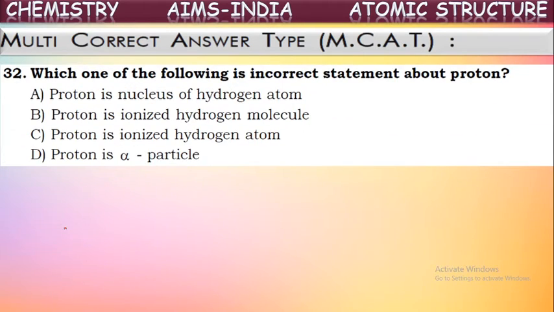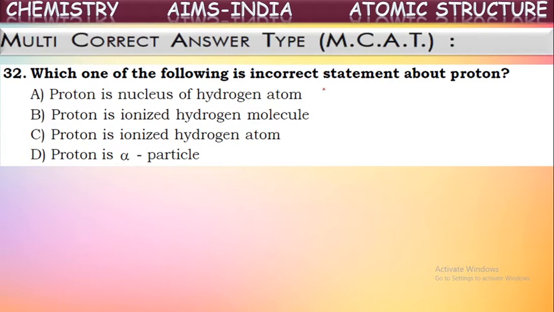Which one of the following is incorrect statement about proton? So here about proton, some statements are given. See which statements are correct and which are incorrect. See the first one. Proton is nucleus of hydrogen atom. Is it true? What does hydrogen atom contain?